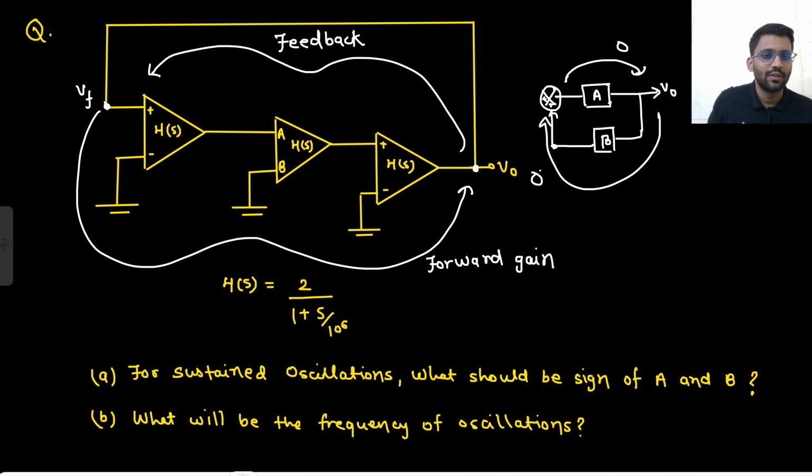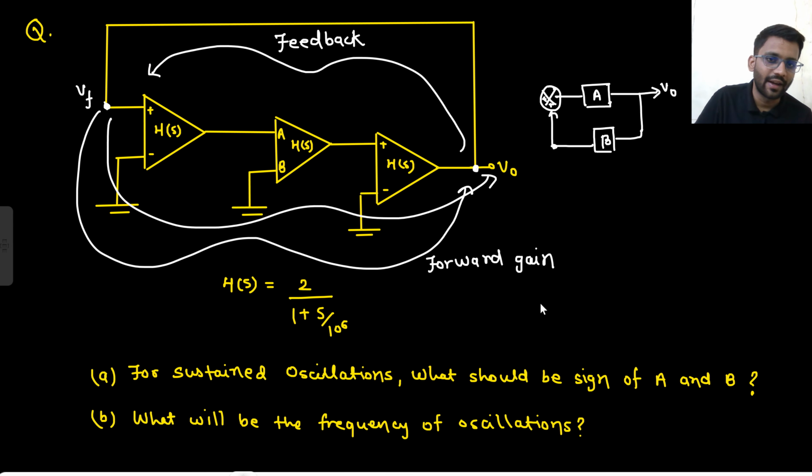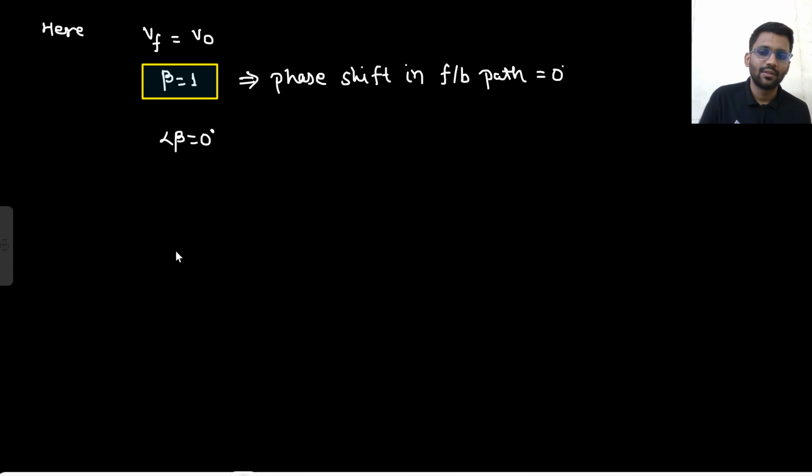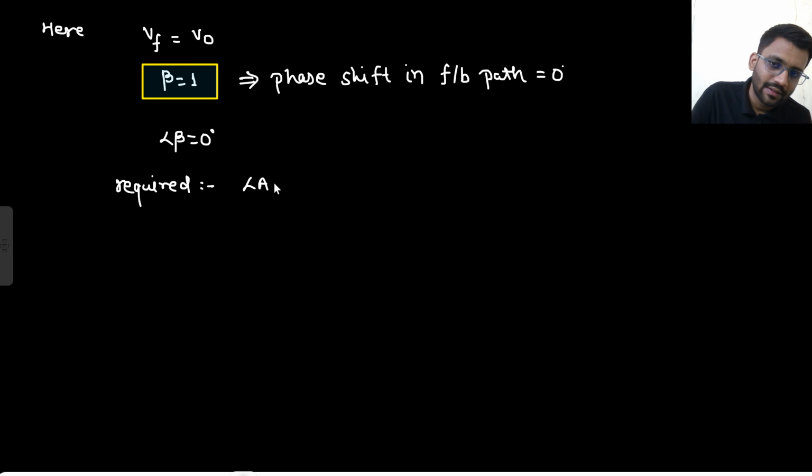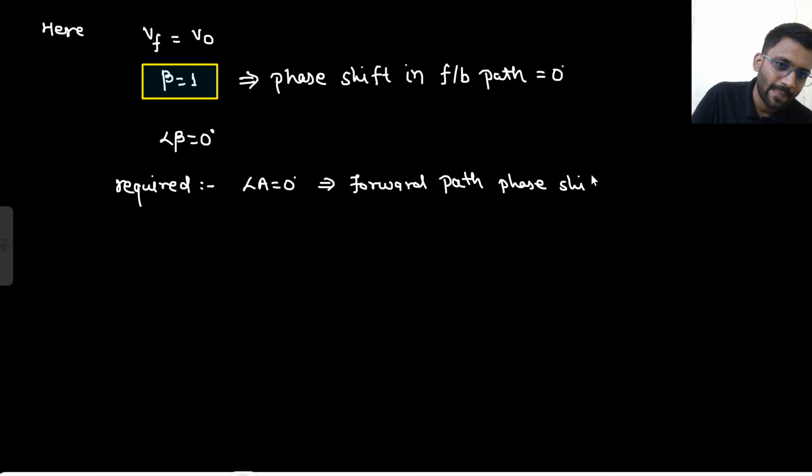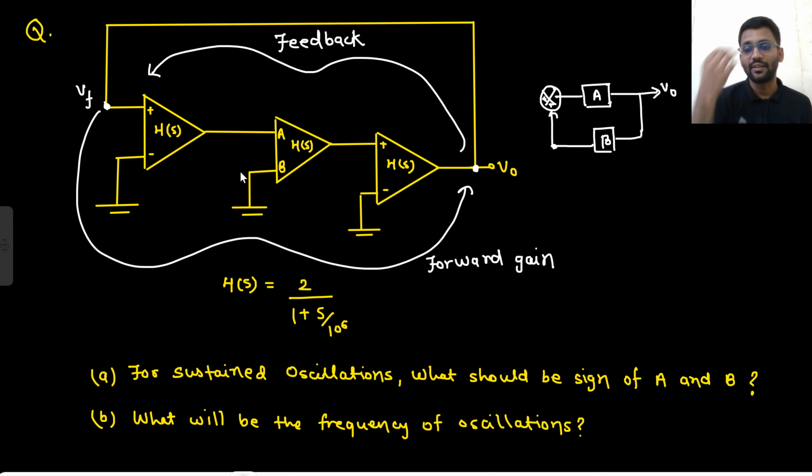Say yes or no. So required in the forward path is phase shift equal to 0 degree, right? Tell me one thing.